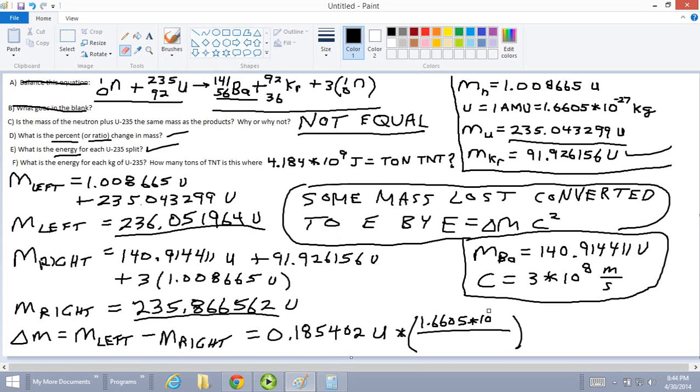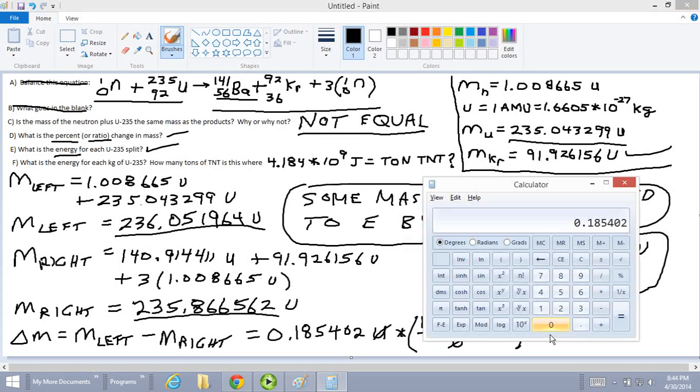Negative 27 kg per AMU. Units of AMUs cancel out, so first I'm going to store this in memory so I can keep it around, times 1.6605 times 10 to the negative 27th kilograms.